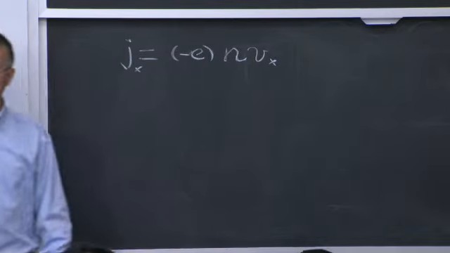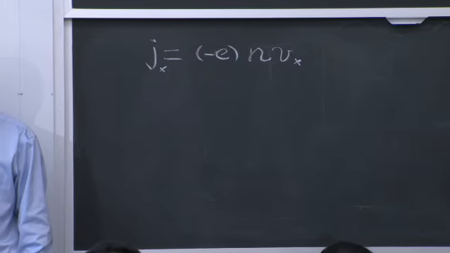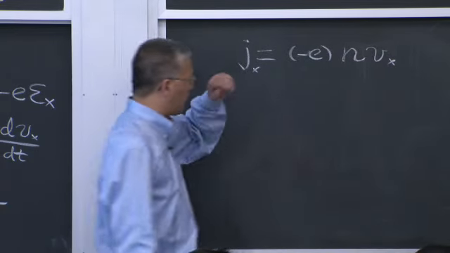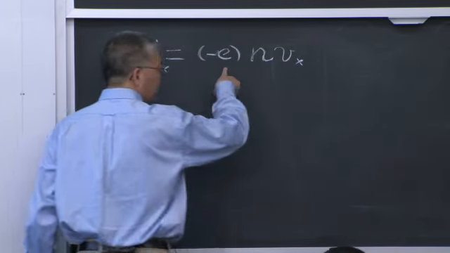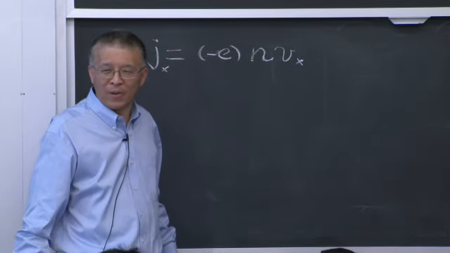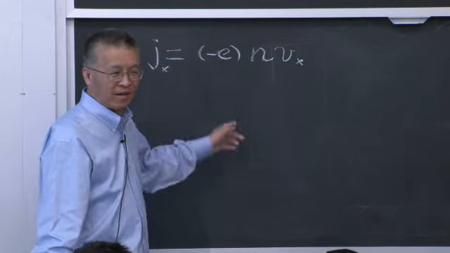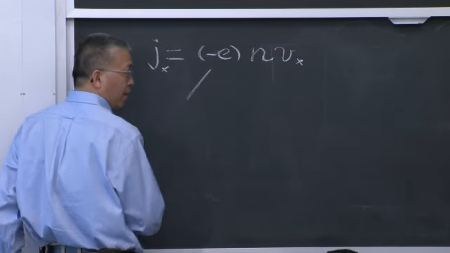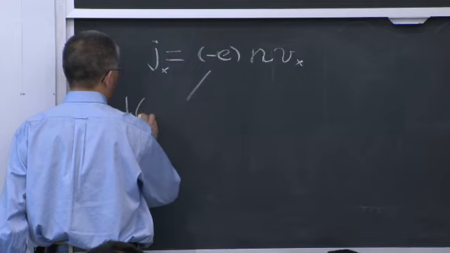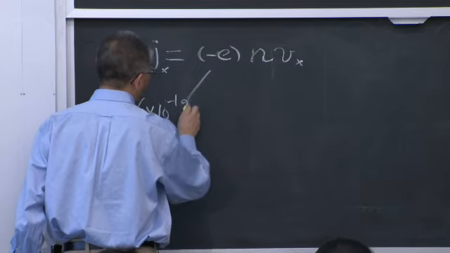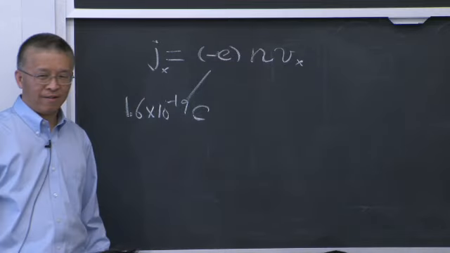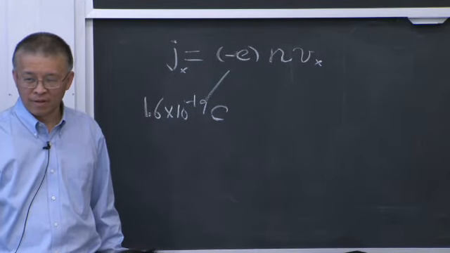That's my current density, right? If you look at the unit, E, anyone remember? 1.6 times 10 to the minus 19 Coulomb. Okay, one charge.